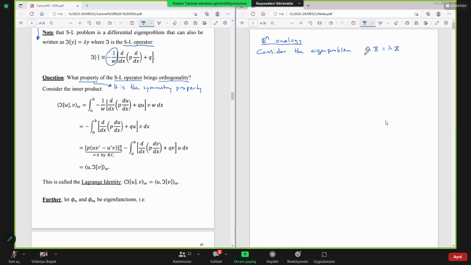So A is n by n, and x is n by 1. And assume that A is symmetric. Now, you know the definition of symmetry in matrices, right? It is equal to its transpose.